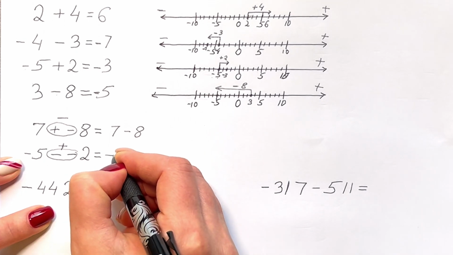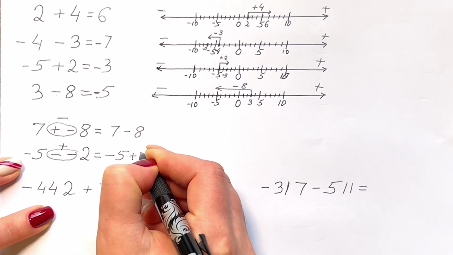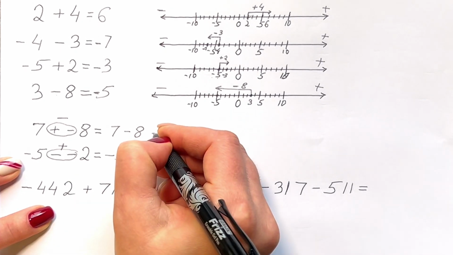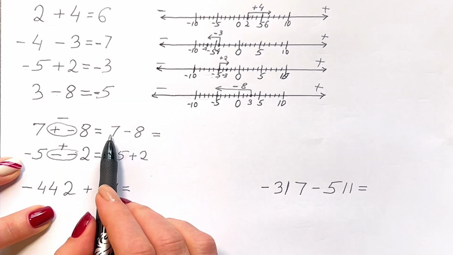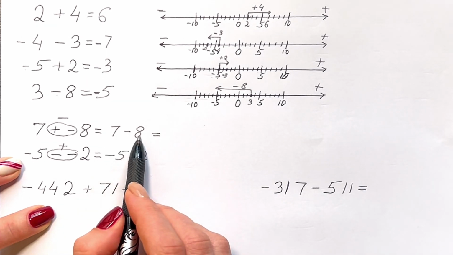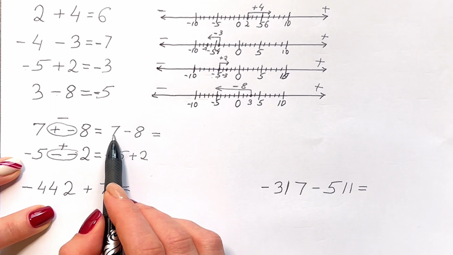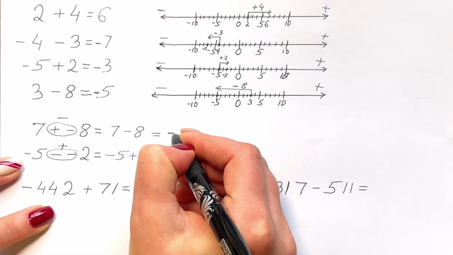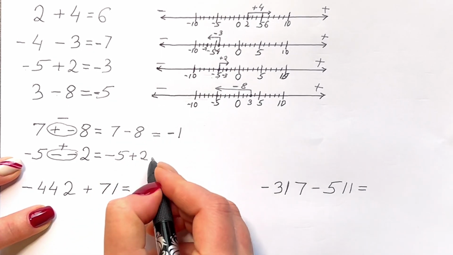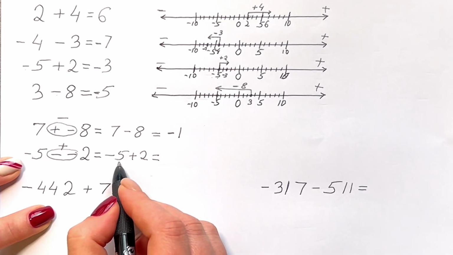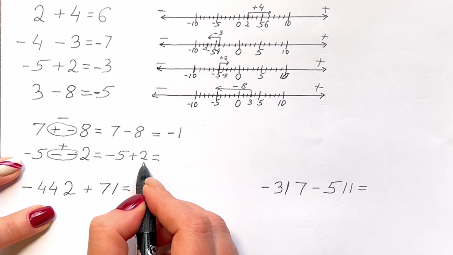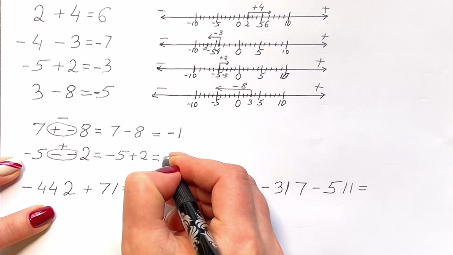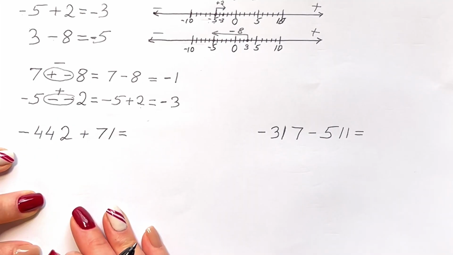Okay, now I'm gonna get negative 5 plus 2. So we already know how to solve it. One positive, one negative. From the biggest number, I'm gonna take away the smallest number and put the biggest number's sign. Okay, let's do examples with big numbers.